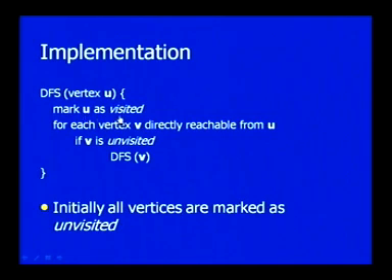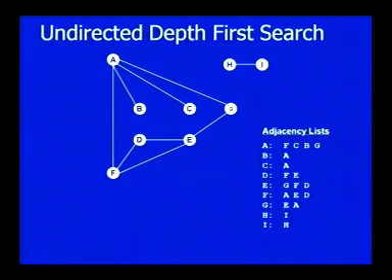I mark u as a visited node, and for each vertex that is reachable from u, I call it v, and if v is unvisited, I invoke DFS again with v. Initially, I assume that all the vertices are unvisited, and after making this assumption, I execute my algorithm like this.